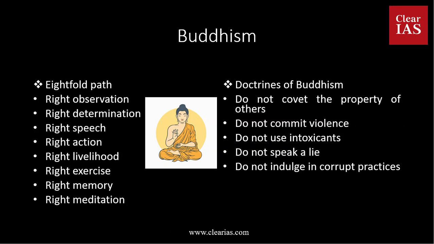So, just like doctrines of Jainism, Buddhism also had its own set of theories. For example, Buddhism propagated the eightfold path, which was right observation, right determination, right speech, right action, right livelihood, right exercise, right memory, and right meditation.